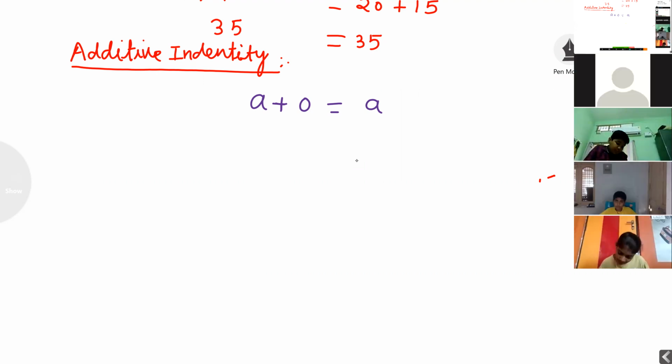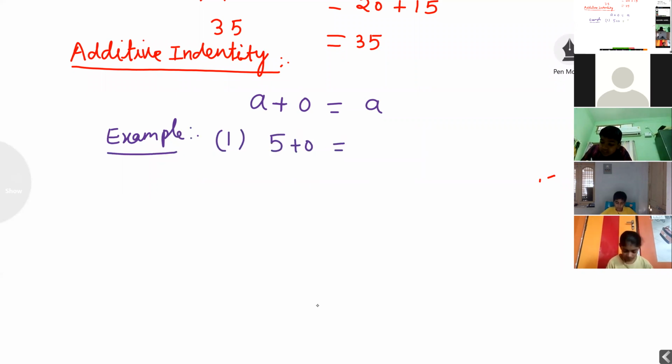Example, first example I am writing 5 plus 0 is equal to what? If I add any number with 0, what answer will come? Same number, 5. Second example, 0 plus 3 is equal to 3.